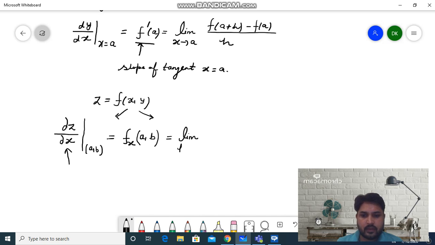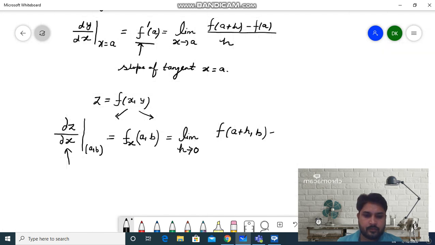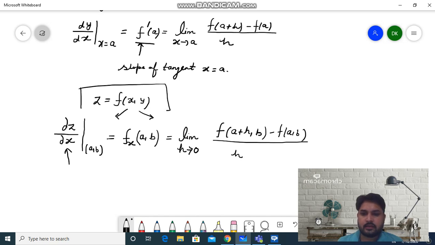Then we write it is equal to the limit as h tends to 0 of f(a plus h, b) minus f(a, b) upon h. So if z is a function of two variables x and y, then its first partial derivative with respect to x at a point (a, b) is calculated by this formula.